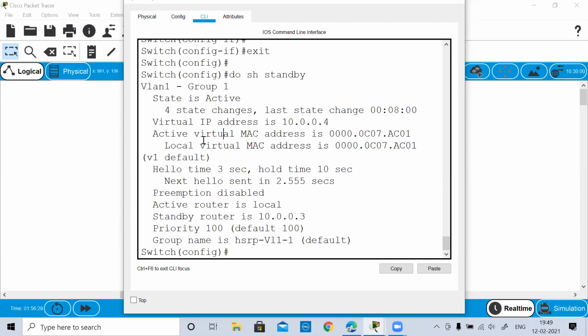So that virtual MAC address is going to be 0000.0C07.AC01. Now this one is because of the group number. If I change the group number to 2, 3, 4, you will find this value will change.